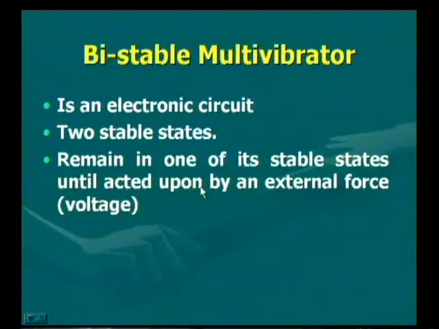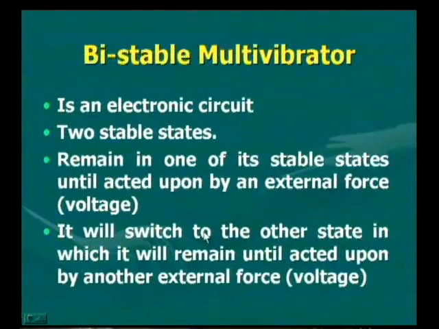That means it can change its state only if we apply an external trigger signal, which may be a voltage or some external force, to the circuit. So a bistable multivibrator can retain either of its stable states unless we make it change by applying an external trigger voltage to the on transistor.